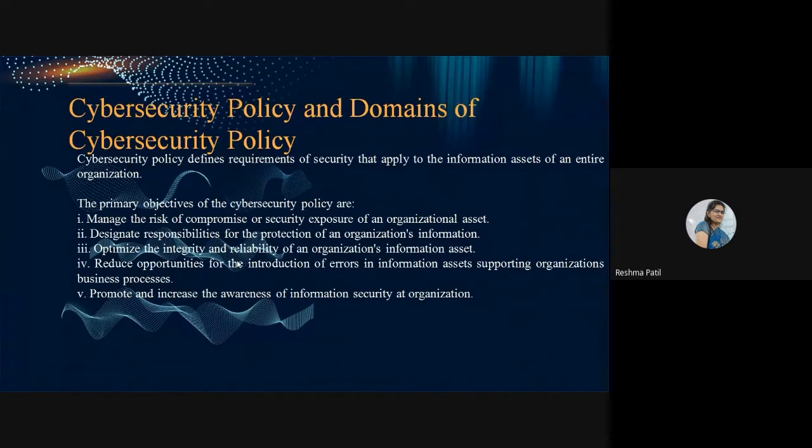We have to maintain the integrity and reliability of organization information asset. Then reduce the opportunity for the introduction of errors. So here we have to think about the vulnerabilities. If you know vulnerabilities in advance, you will reduce the opportunity for the introduction of errors. So this is your next cybersecurity policy objective. In this policy only you have written all the controls.